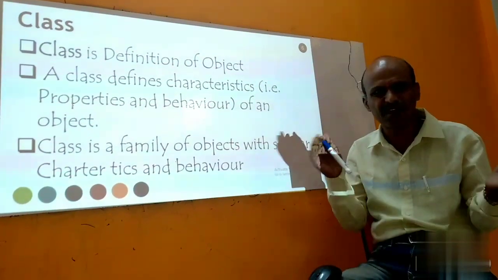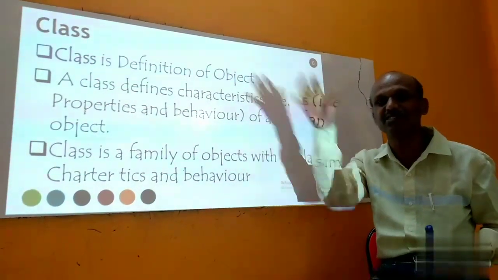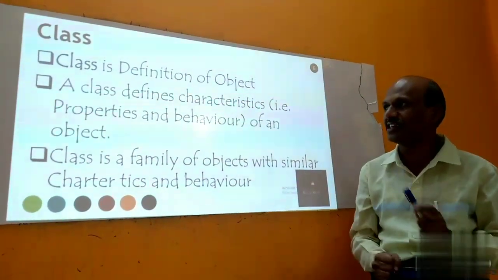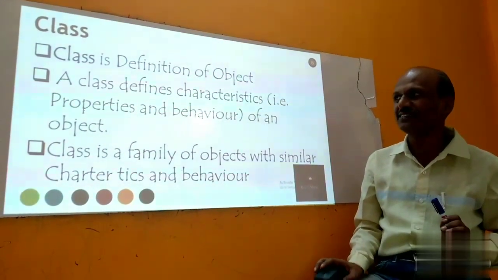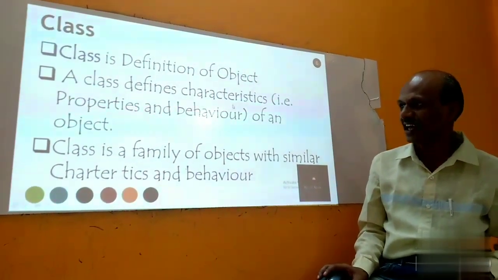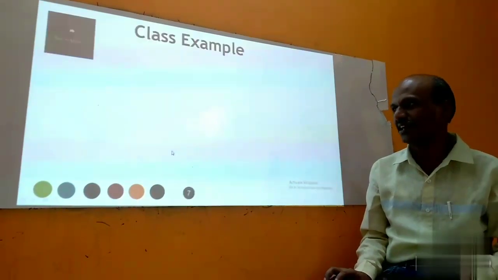All students are doing all these same things. So student is one class. So class is a definition of object, how the object looks like, it defines the characteristics, or it is a family of objects with similar characteristics.